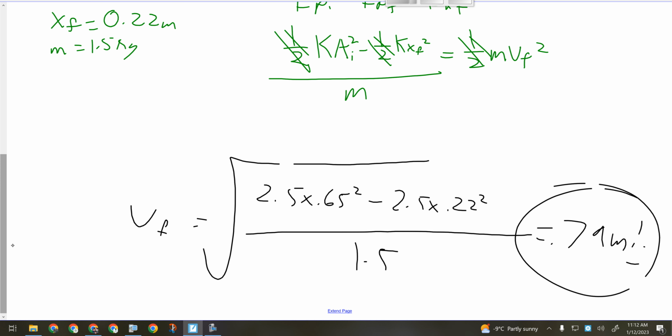So this is K times my amplitude minus K times my second displacement, divided by the mass, square rooted, should give me 0.79 meters per second. Everybody all right with that? I would expect one like that, or maybe even a little tiny bit easier than that, on your unit exam. All right, what else would we like to look at?